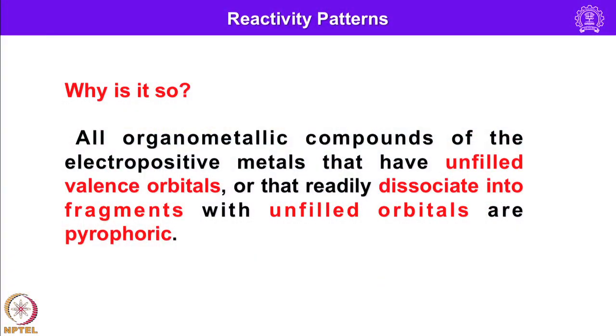All organometallic compounds of the electropositive metals that have unfilled valence orbitals or that readily dissociate into fragments with unfilled orbitals are pyrophoric. That is the reason most of these organometallic compounds have unfilled valence orbitals or a tendency to dissociate into fragments with unfilled orbitals. As a result, they become highly pyrophoric in nature.